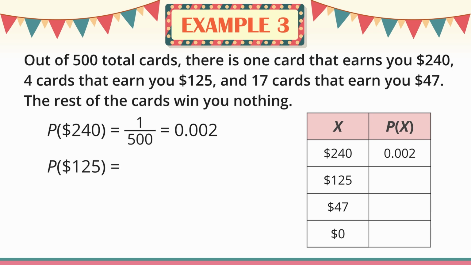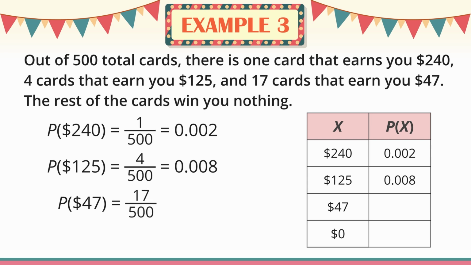Out of all 500 cards, 4 cards earn you this prize, so the probability is 4 over 500, which is 0.008. Next, what's the probability of winning $47? Out of all 500 cards, 17 earn you this prize, so the probability is 17 over 500, which is 0.034.